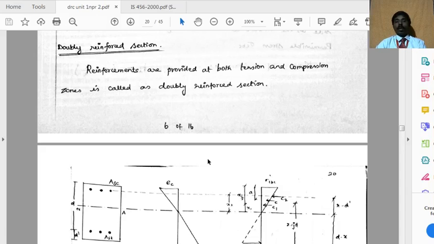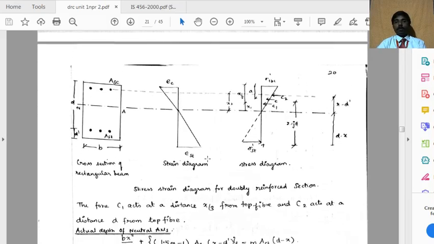In order to make the over-reinforced section economical, we design it as a doubly reinforced section, so that reinforcements are provided at both the top and bottom, there is tension in the compression zone, and the failure can be prevented.